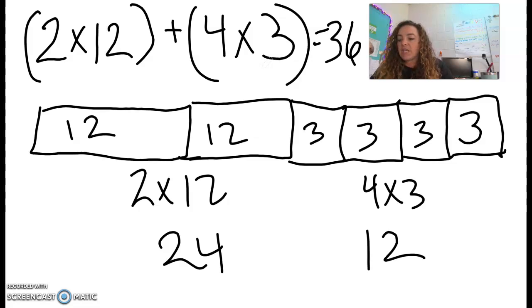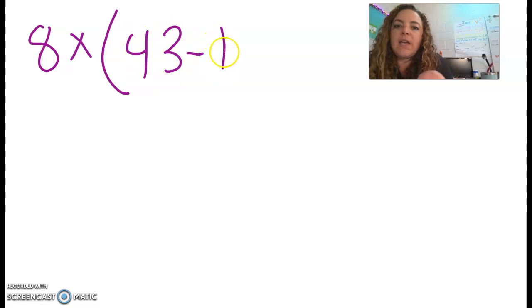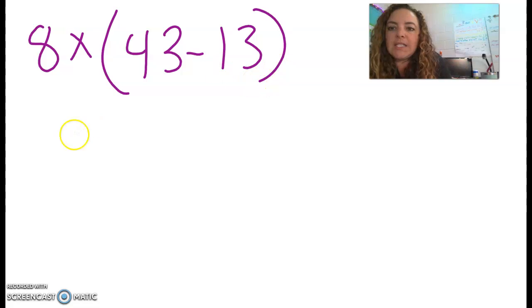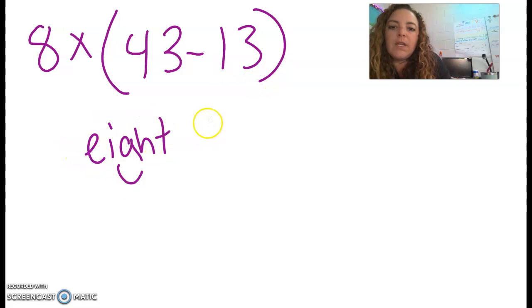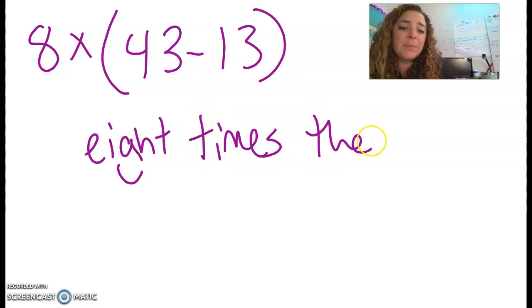We can also take things and convert them from a numerical expression into a word sentence. So for example, if you saw this equation, what you could say is 8 times the difference, right?